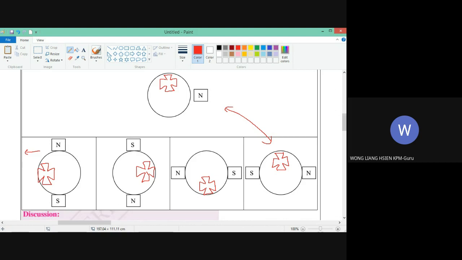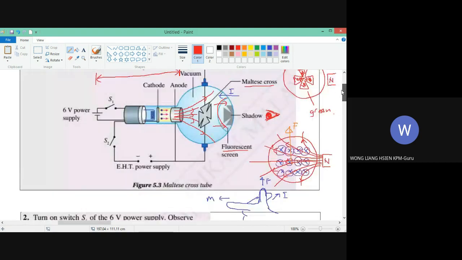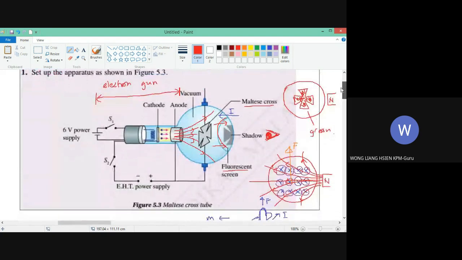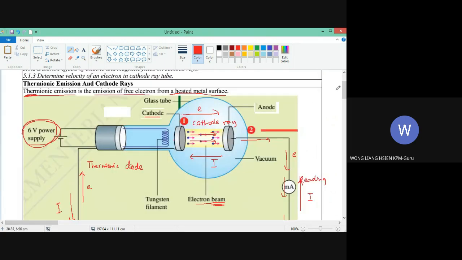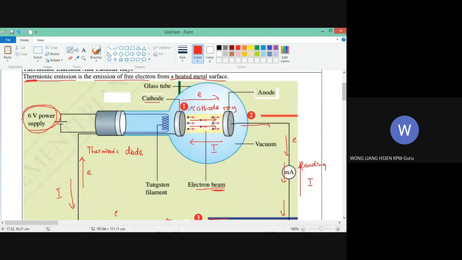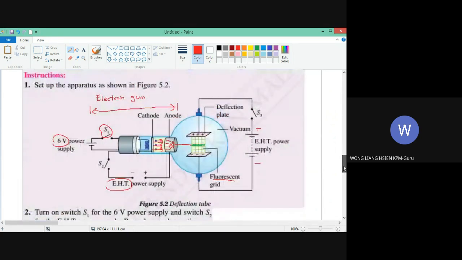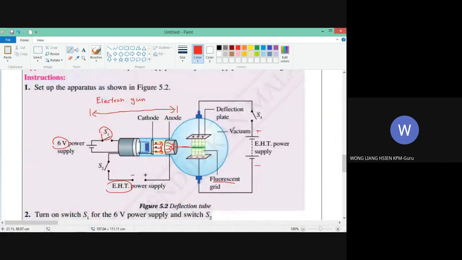One important thing that I forgot to mention is, you see this Maltese cross tube, inside here is vacuum. The thermionic diode inside here is also vacuum, and the deflection tube is also vacuum inside.